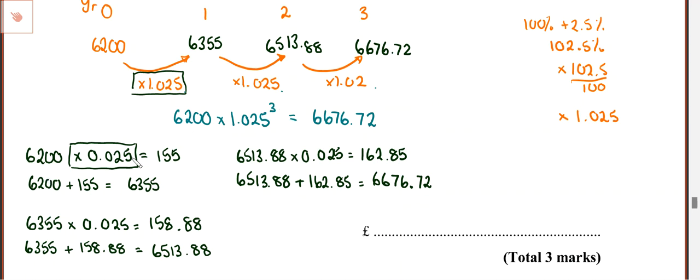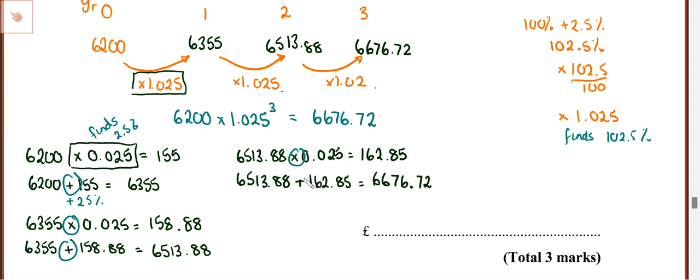Yes, because what Alistair did was he finds 2.5% by doing that, and then you have to add the 2.5% on, yeah? This, as I said, finds 102.5%, so the adding is already done. I don't need to do it, all right? Which allows me to just do times, times, times, times, times, rather than times, add, times, add.